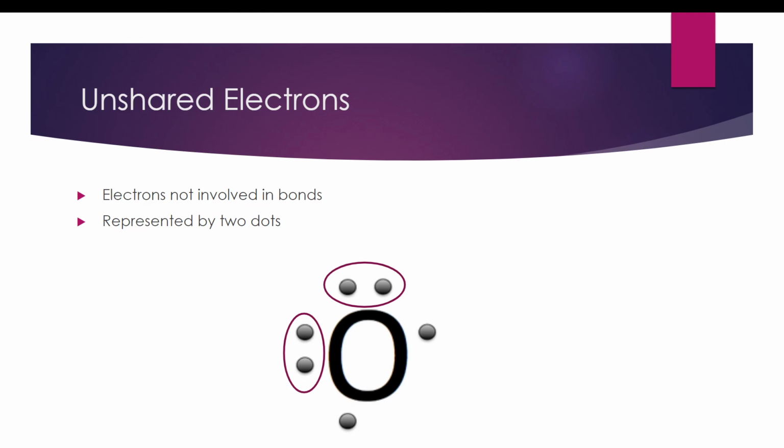These unshared electrons are going to be important things for us to count. When we go through a couple of the drawings here, I'll indicate them. They're fairly easy. They're a pair of electrons, and we typically call them lone pairs, usually represented by 2 dots.